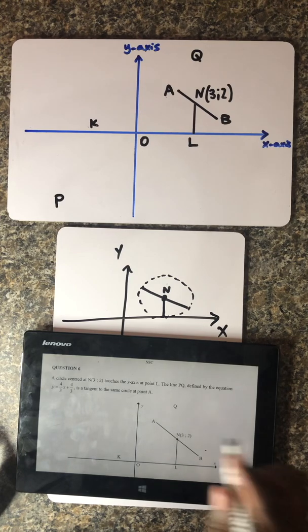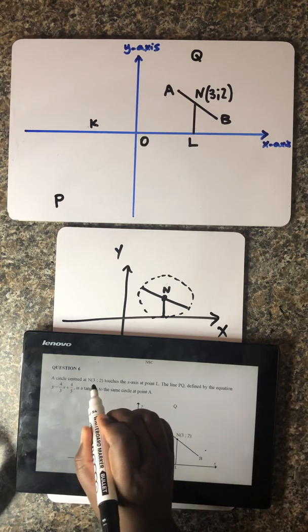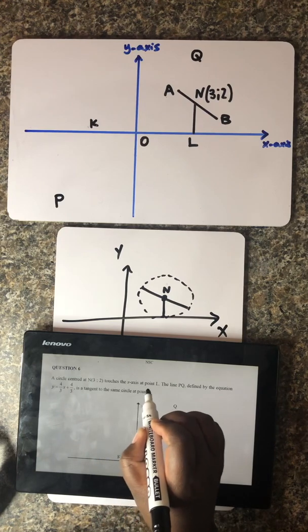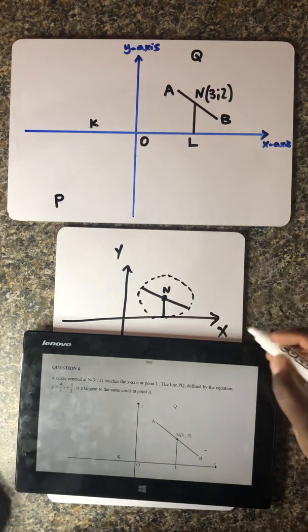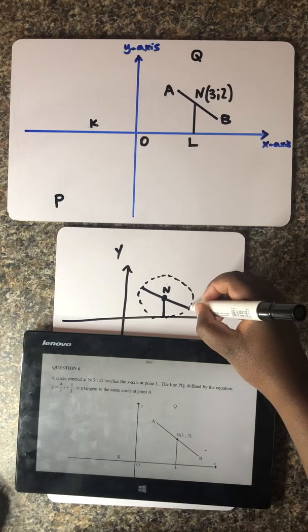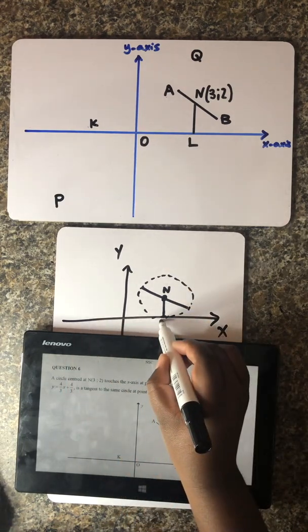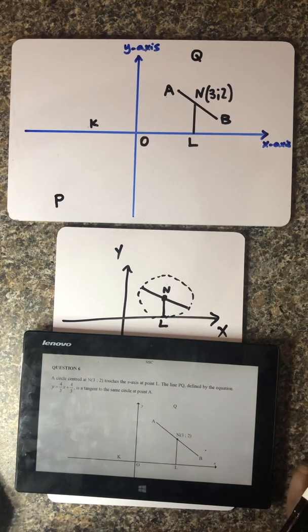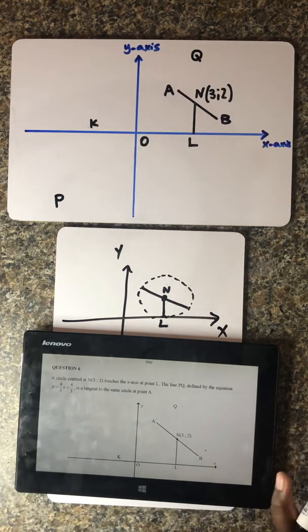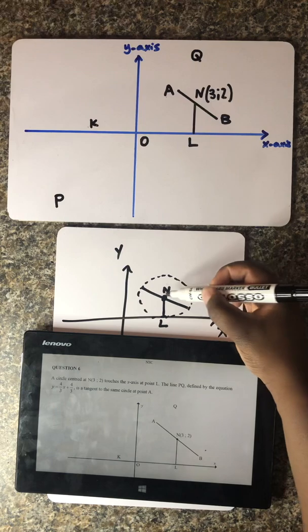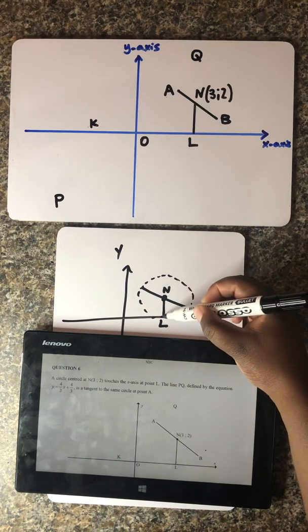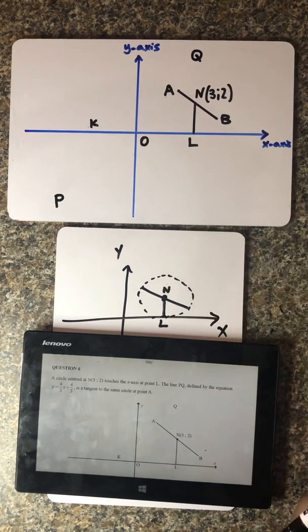Okay, and they say a circle centered at that point touches the x-axis at point L. That's what I wanted to confirm, ladies and gentlemen, that this circle actually touches the x-axis at that point L. Because by fully understanding that part, it's going to help us a lot in understanding that from point N to L, it's possibly a radius. Okay, very, very much important, ladies and gentlemen.